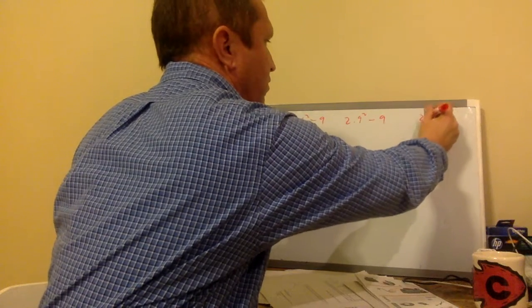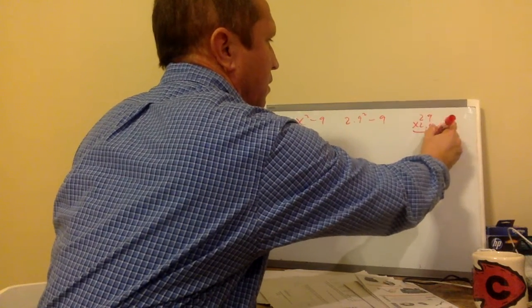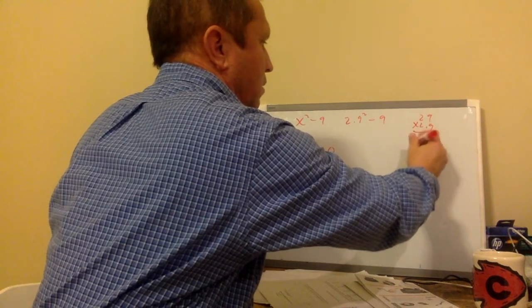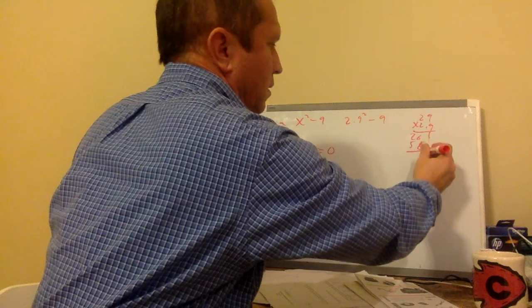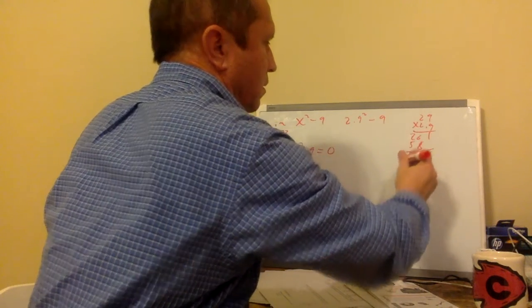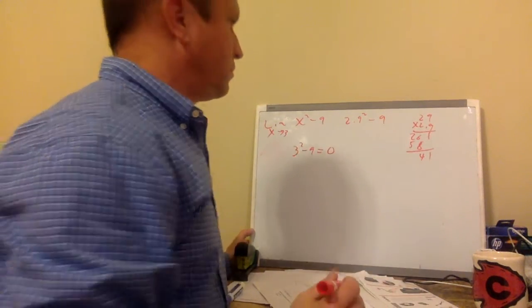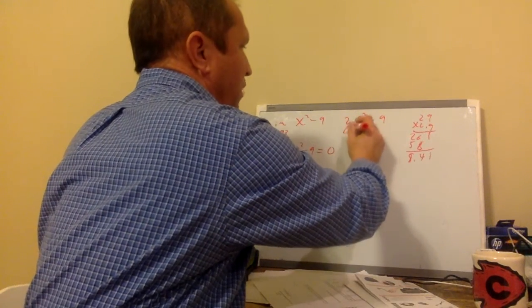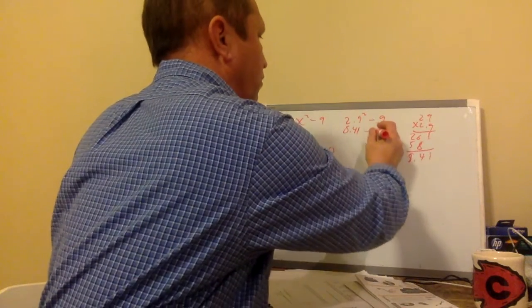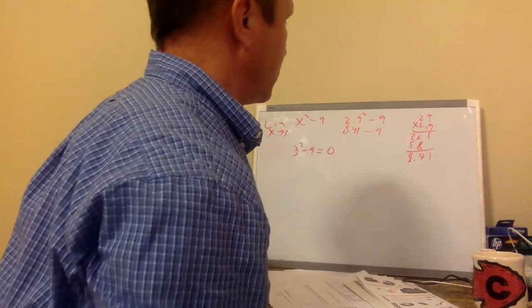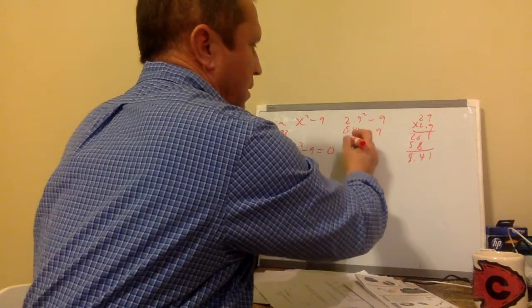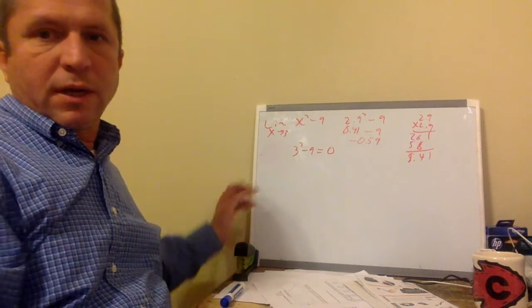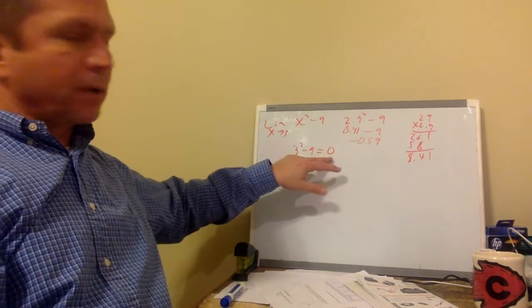All right, 2.9, if we square it, you get 8.41, and 8.41 minus 9 is going to be negative 0.59. All right, so again, negative 0.59, that's a number that's pretty close to 0.